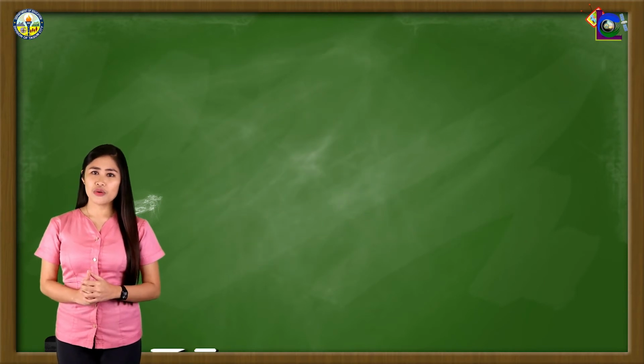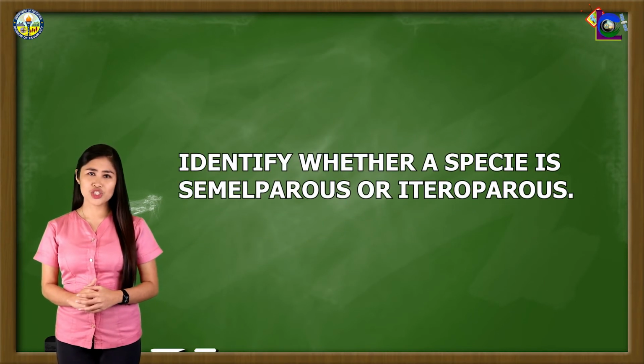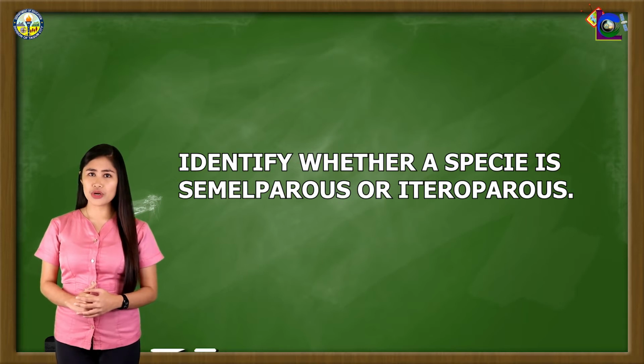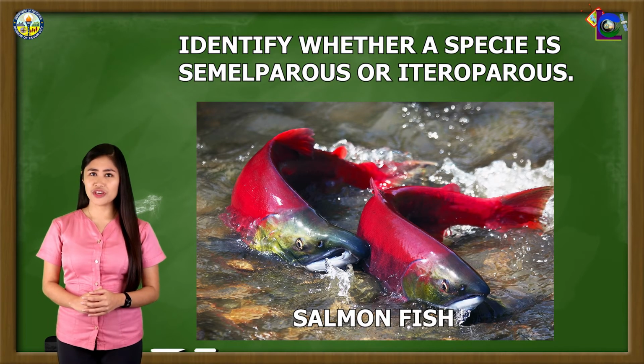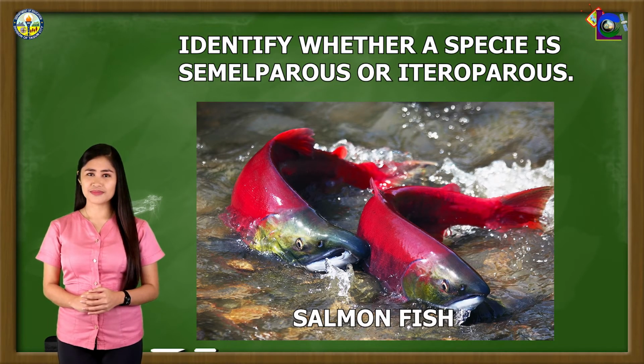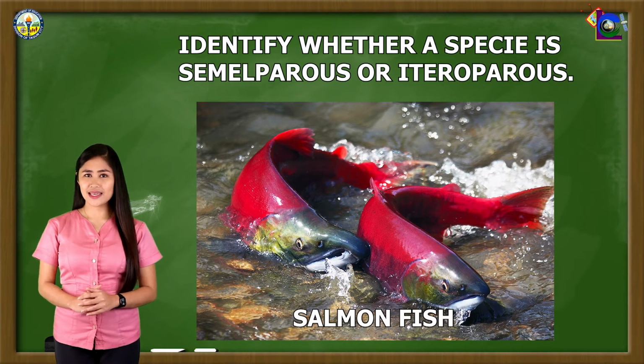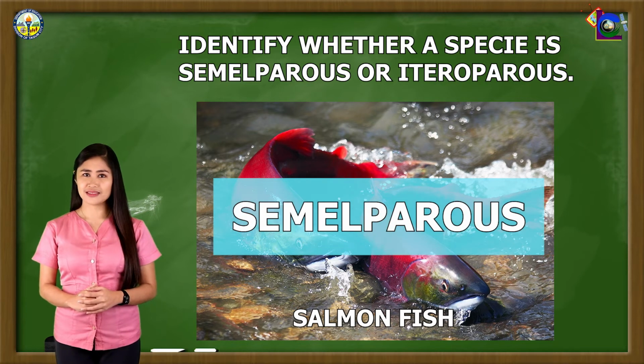Here, you are going to identify whether a species is semelparous or iteroparous. First, salmon fish. It's semelparous.